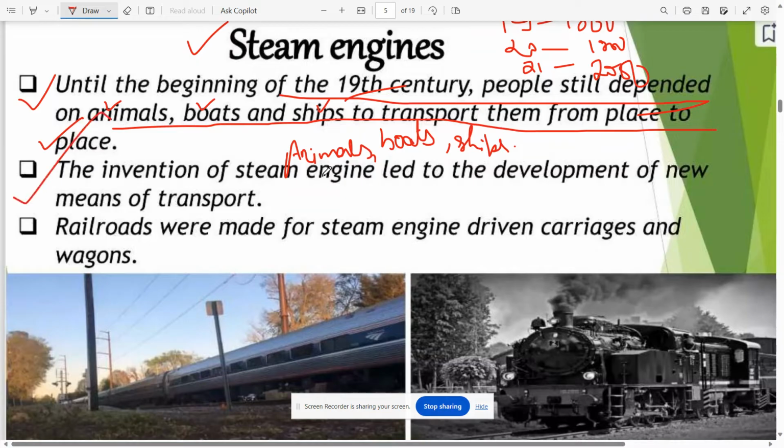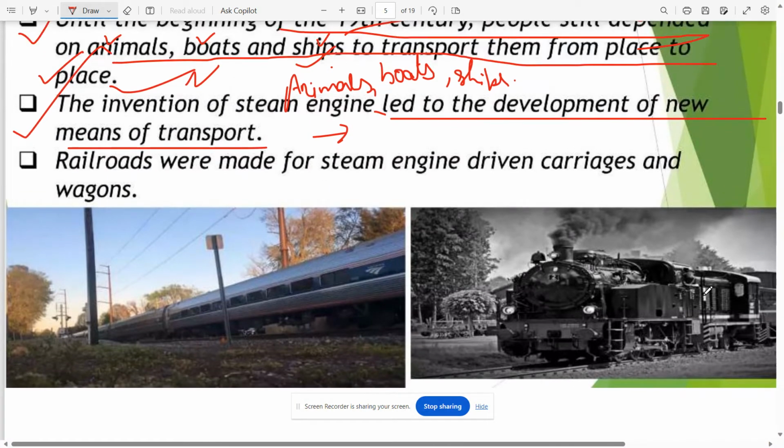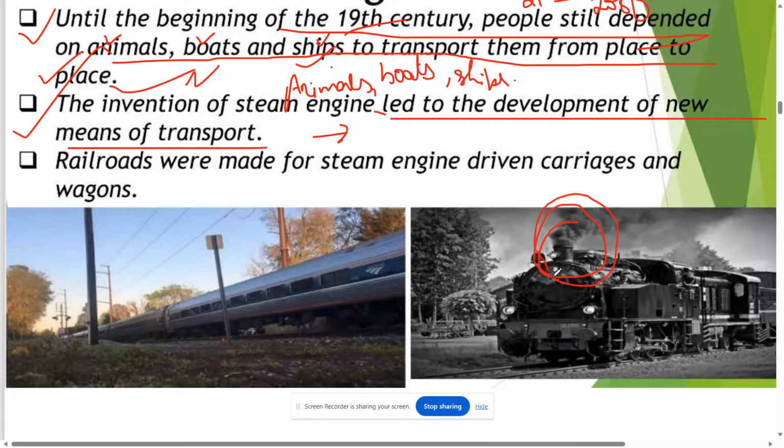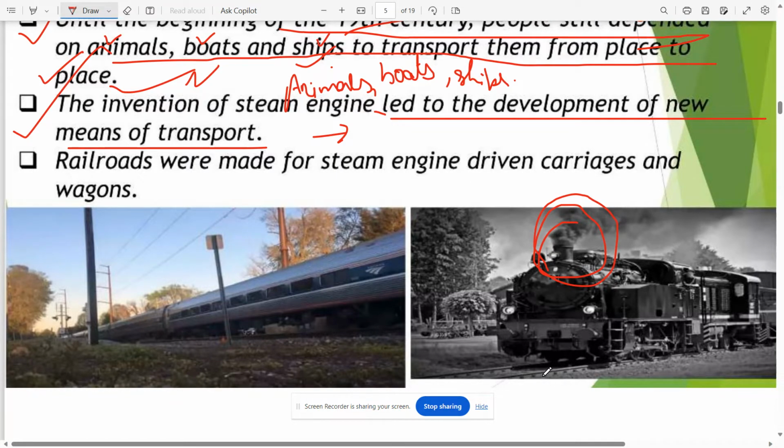The invention of the steam engine led to the development of new means of transport. Now it became faster than boats, animals and ships, irrespective of the route. Steam engines were polluting; in geography, they are considered polluting. But they were used as a means of transport at that time.